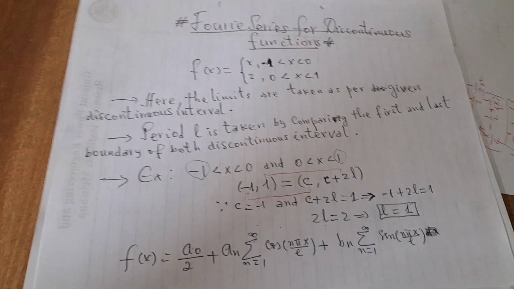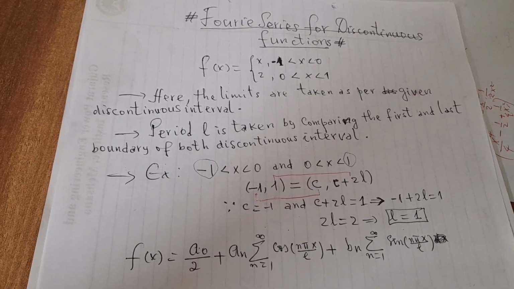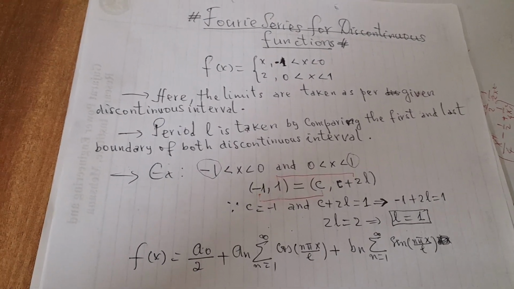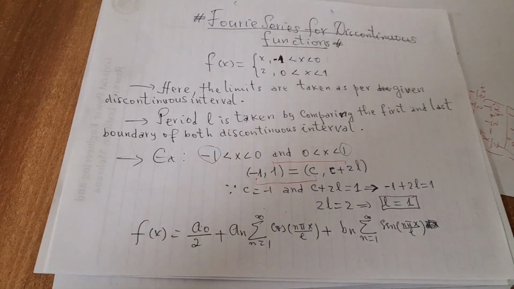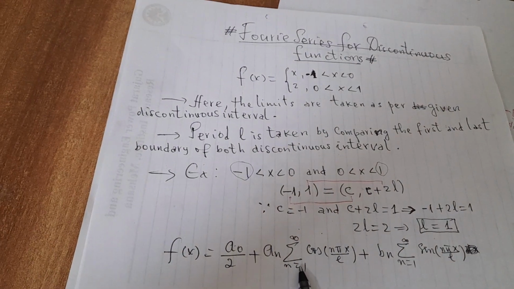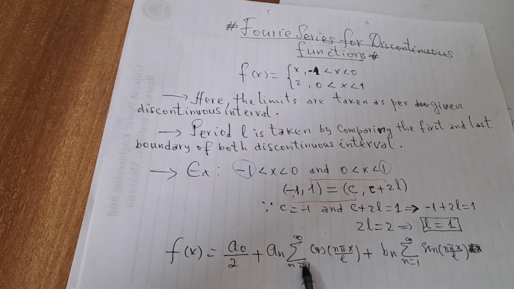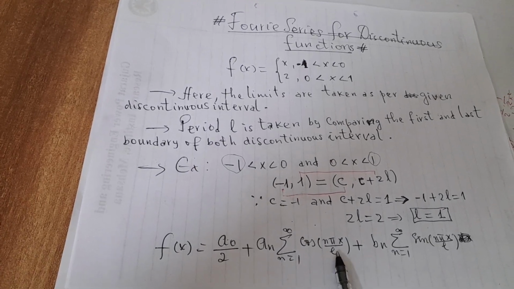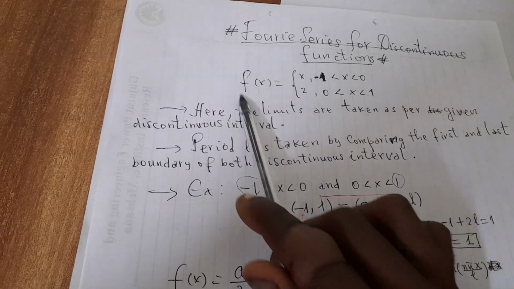And as we know, a series is the sum of infinite terms of a sequence, just like this one. This is a series because we have the sum of infinite terms of a sequence like this one.